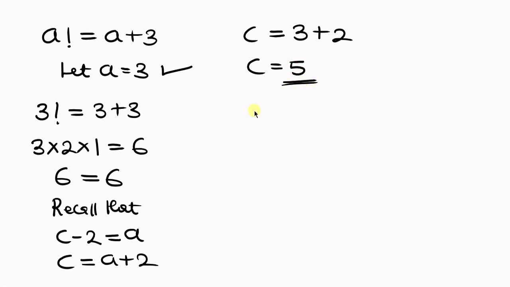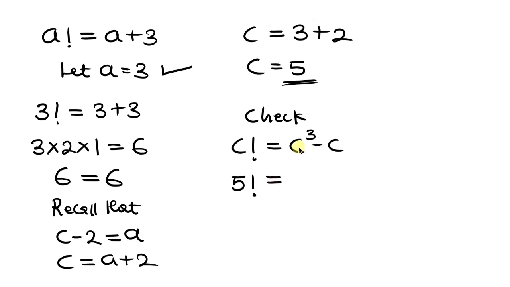Now let's check if our solution is correct. The given question is c factorial is equal to c cubed minus c. Now let's substitute our value of c equal to 5. So this is 5 factorial equal to 5 cubed minus 5. Now we want to check if the left hand side will be equal to the right hand side. So 5 factorial is the same as 5 times 4 times 3 times 2 times 1.